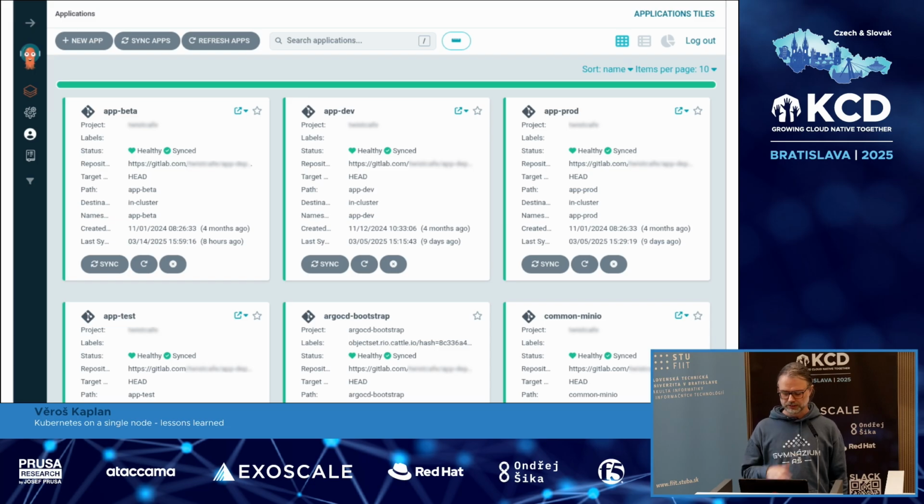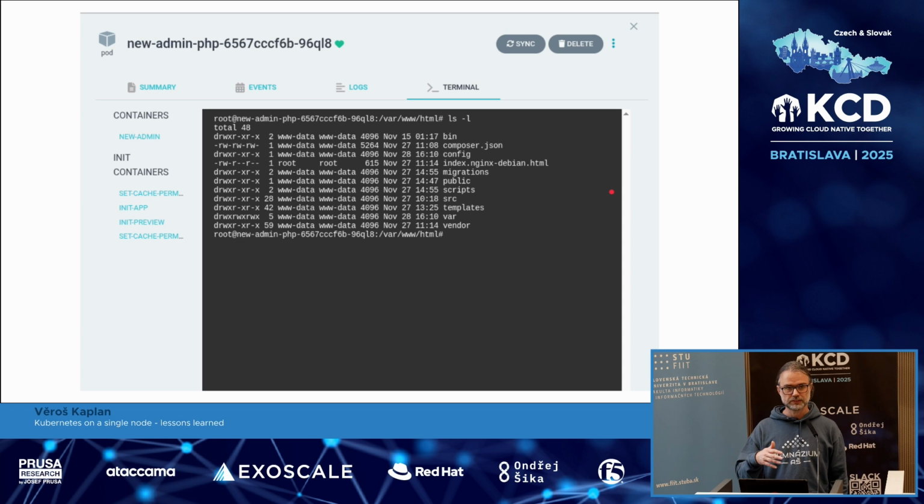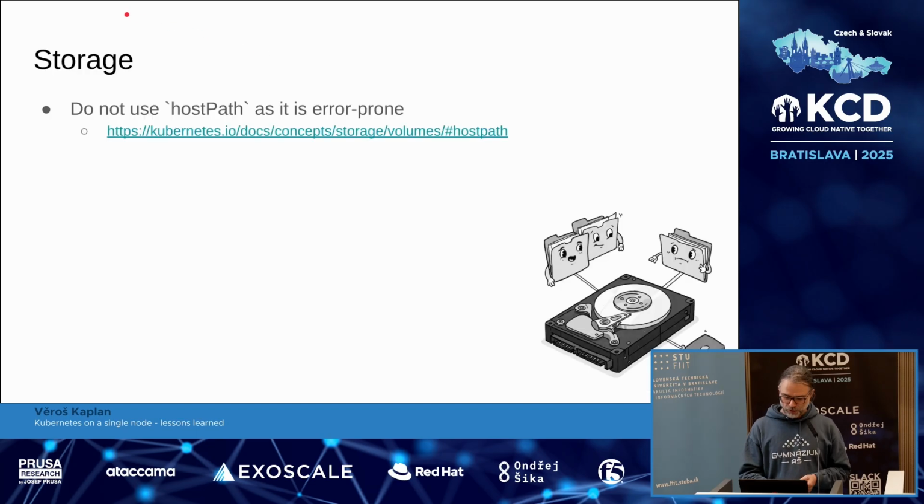And another nice part is that the developers can reach the application's containers, and they can interact with the application by terminal, and then they can check the logs. This was a selling point for me and for them too. And when we provide single sign-on to Argo CD, we don't have to set up anything. It's pretty easy.